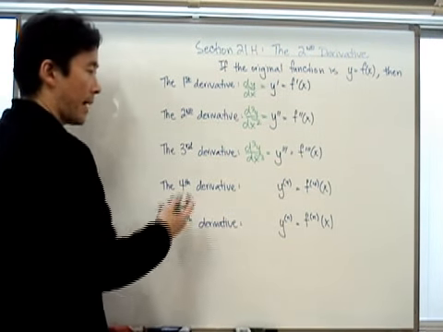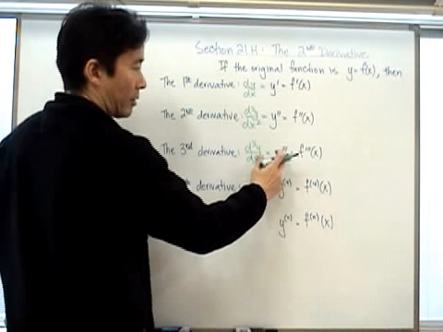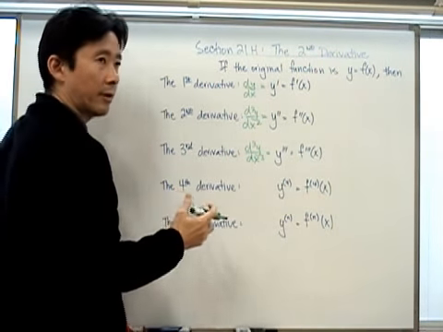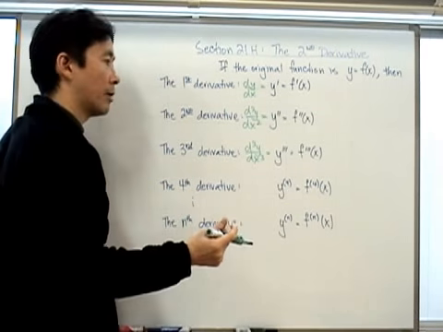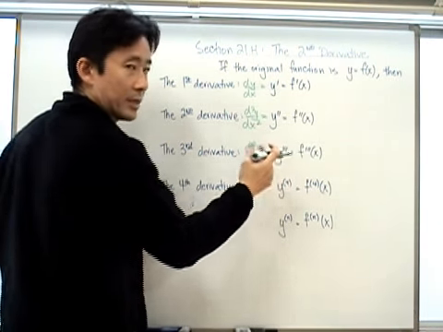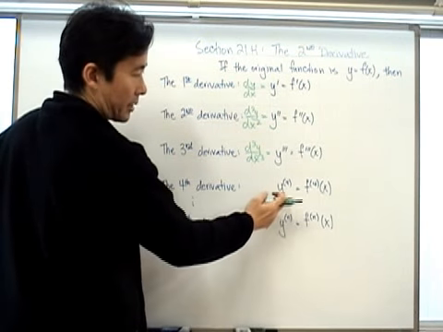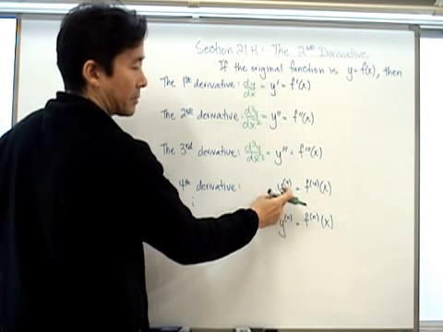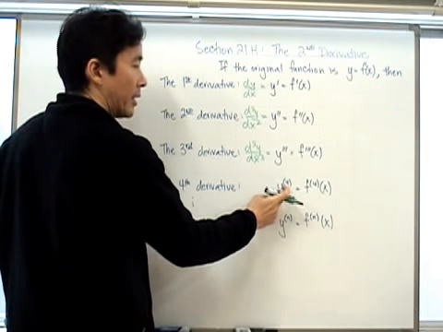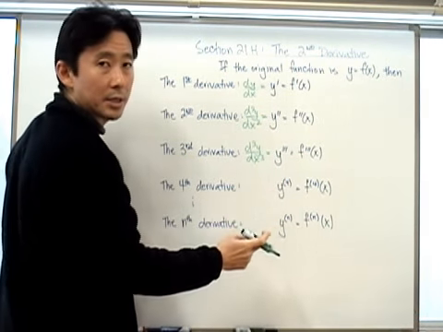Now, once we get past the third derivative, in order to make sure that we know the number of times that we've taken the derivative of a particular function, since we don't want to count so many of these little dashes, we're going to put the number of times that we apply the derivative to the original function in parentheses.